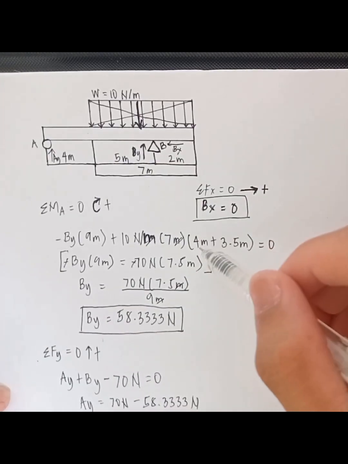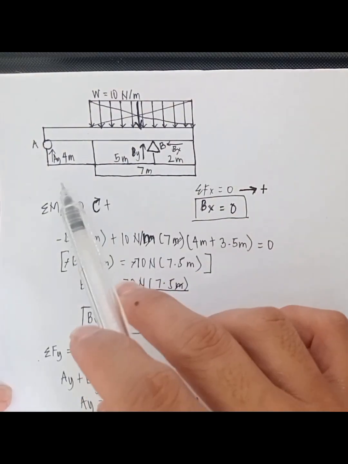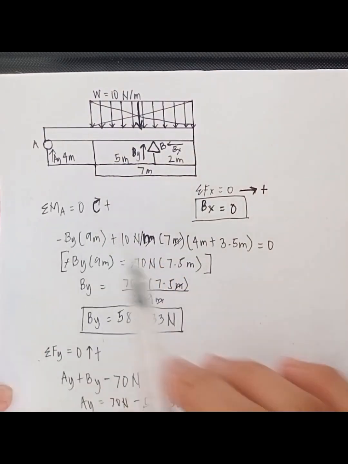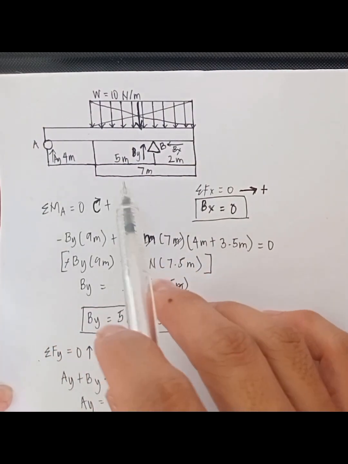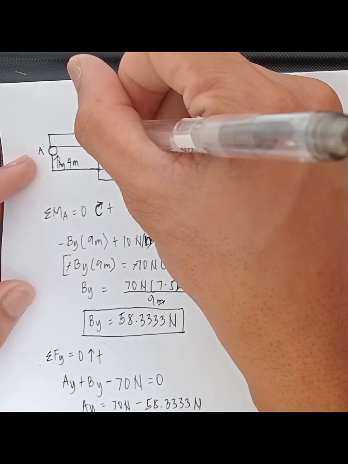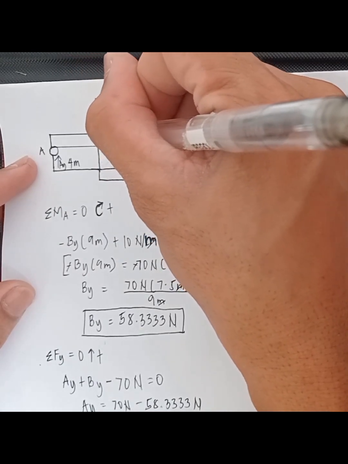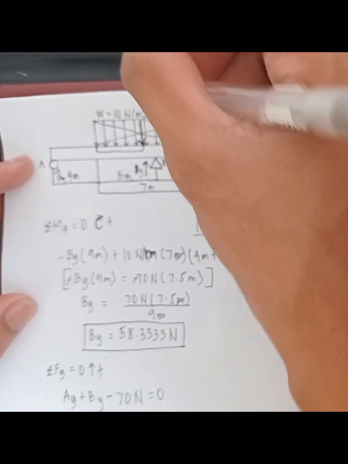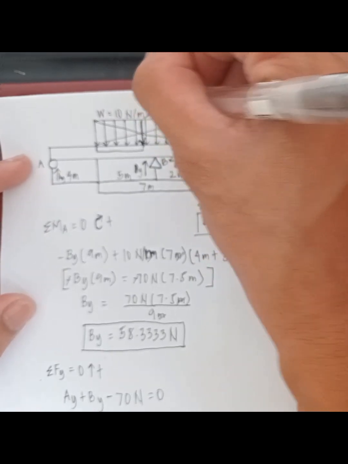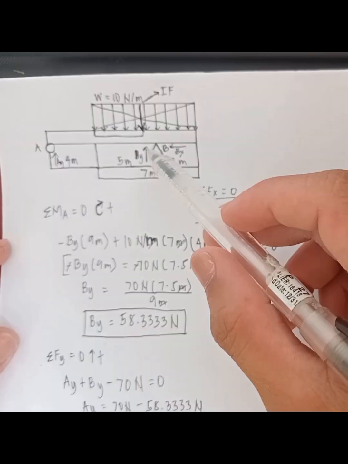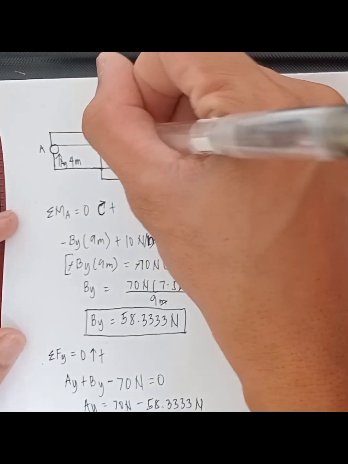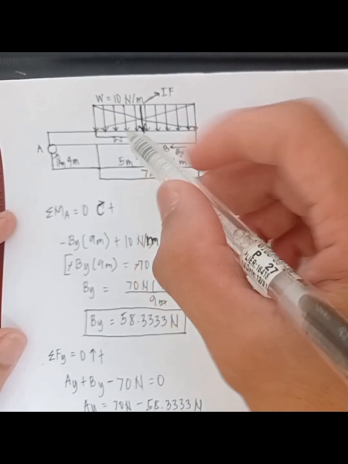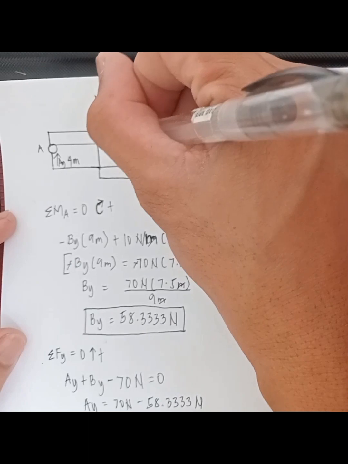Then we must multiply it by the perpendicular distance to point A, which is 4 meters, plus the distance from this point to this point, since it is the location of the equivalent force. And it is 3.5, because half of 7 meters is 3.5 meters.